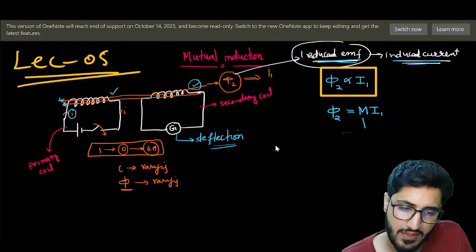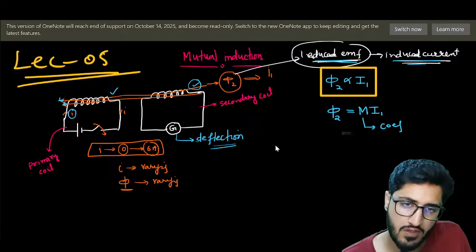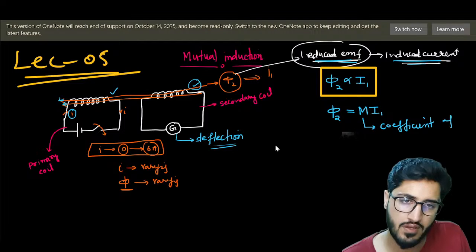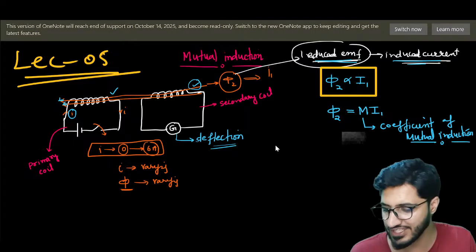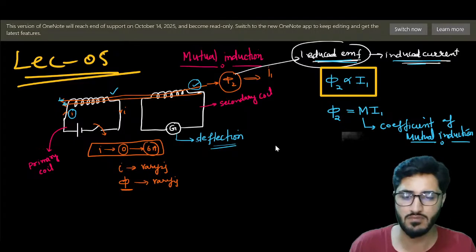What is M? It is the coefficient of mutual induction.